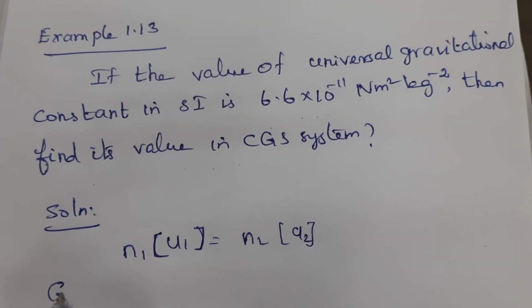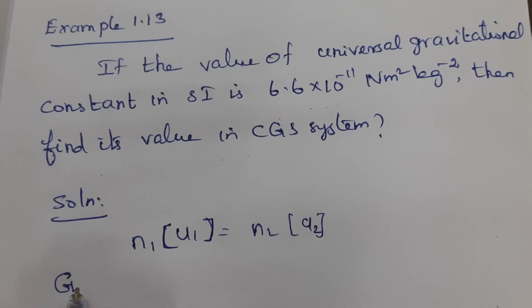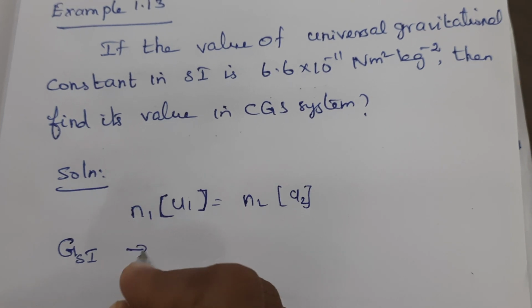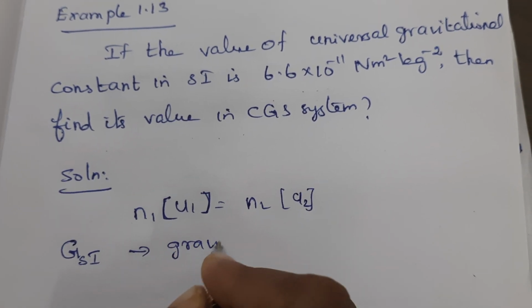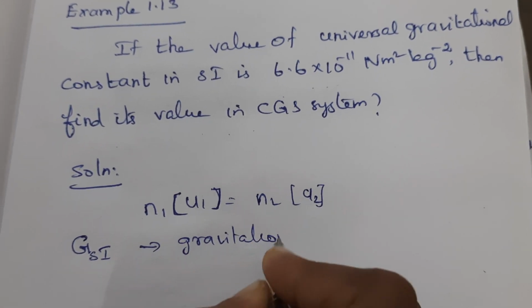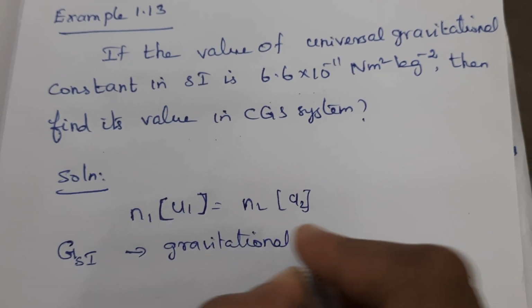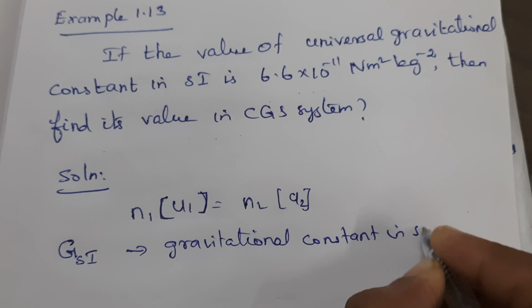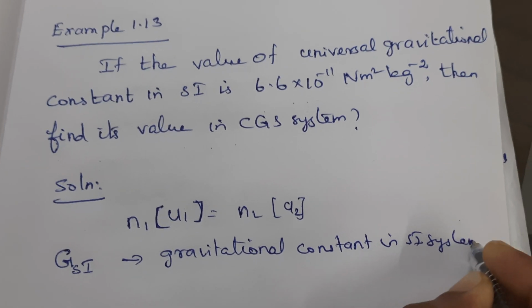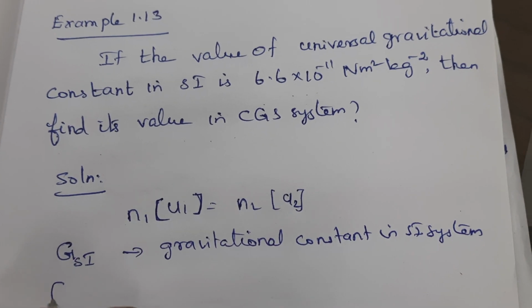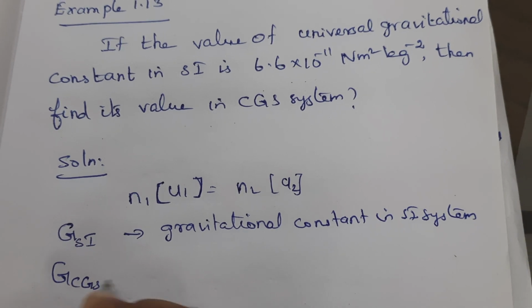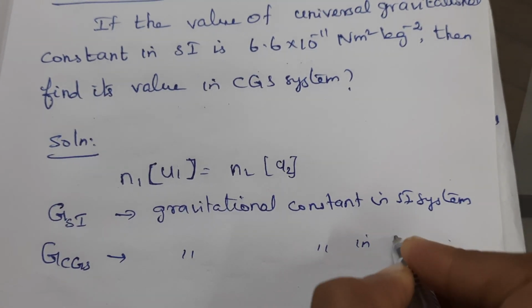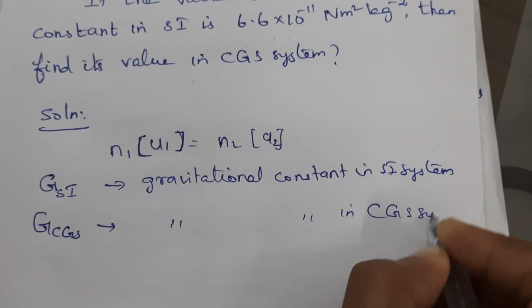Let G_SI be the gravitational constant in SI system, and G_CGS be the gravitational constant in CGS system.